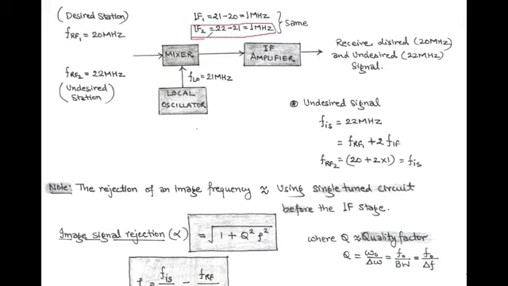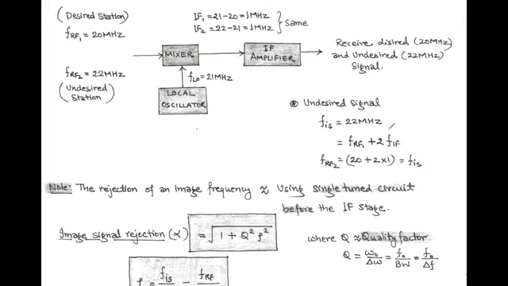As we know, the intermediate frequency is the difference of the two input signals, that is 22 minus 21, that is 1 MHz. So in this situation, the intermediate frequency amplifier is unable to distinguish the intermediate frequency of the desired and undesired station and treats the undesired signal as the image signal, that is 22 MHz.